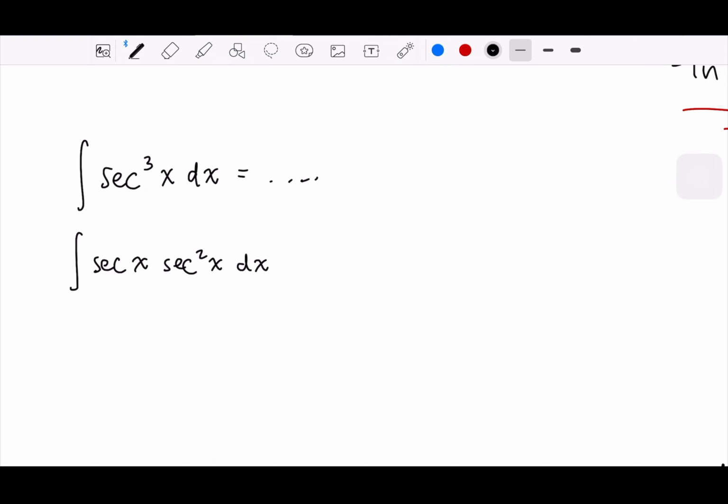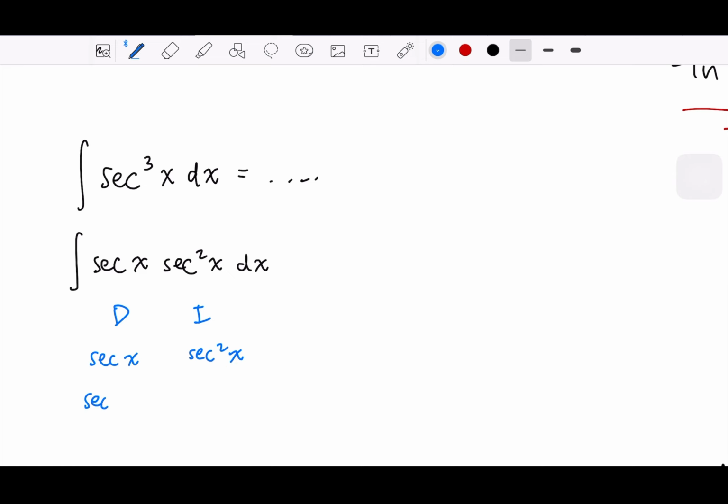And we can differentiate secant x easily, which becomes secant x tangent x. We can integrate secant squared easily, and it becomes tangent. So let's try to arrange that, and then maybe we can arrange in our equations. So we can arrange the I. So this will be secant x, secant squared x.